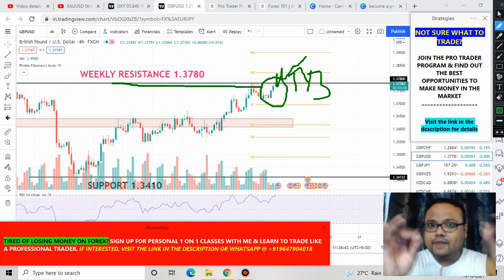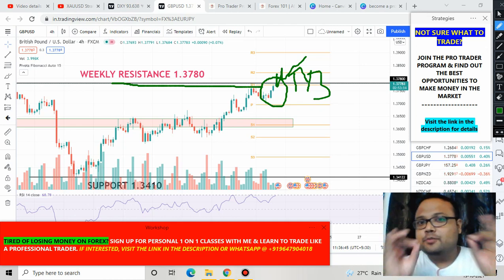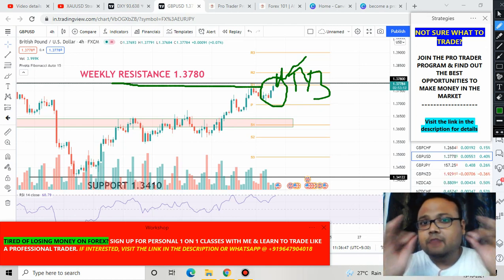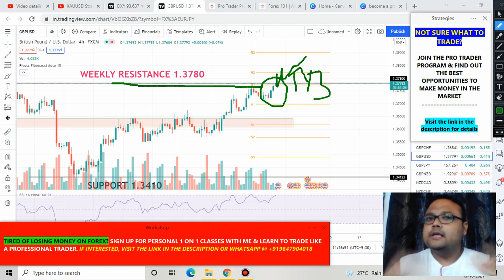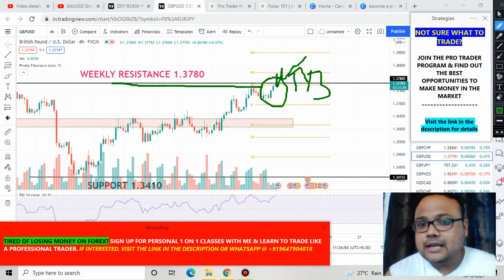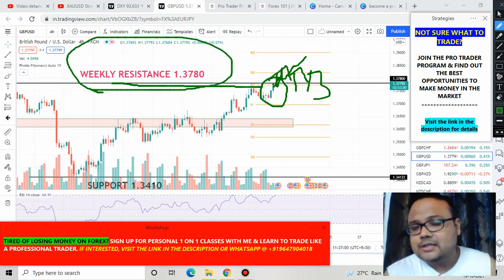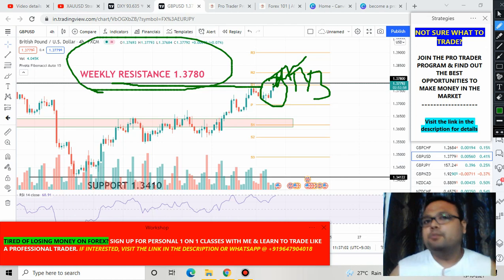So be careful if you have taken a short position, because there is a good possibility of the market breaking the resistance. And if you see good buying on GBP USD, then definitely you can go for a buy if it breaks the level and goes up, because 1.3780 will be the new support for GBP USD.